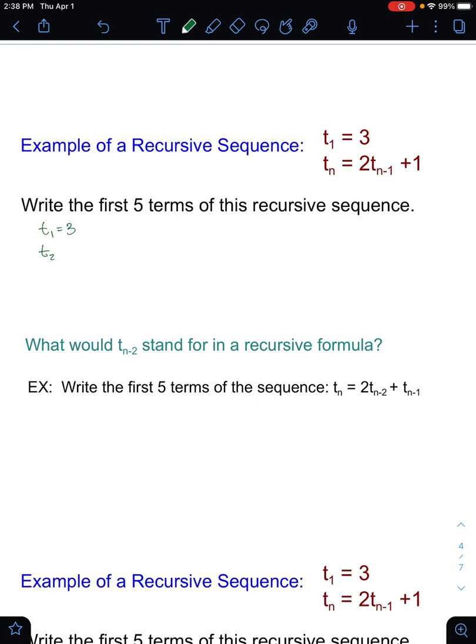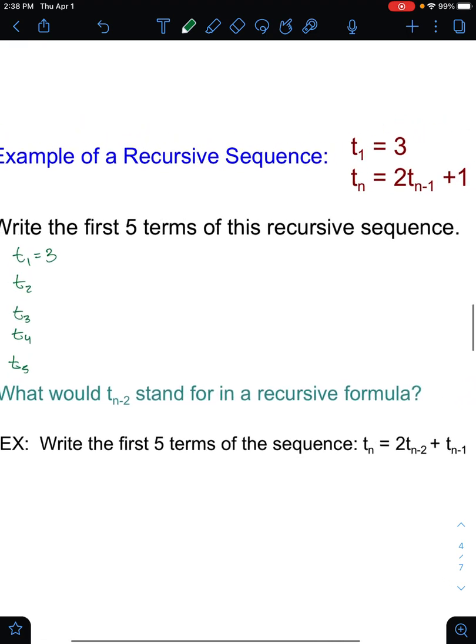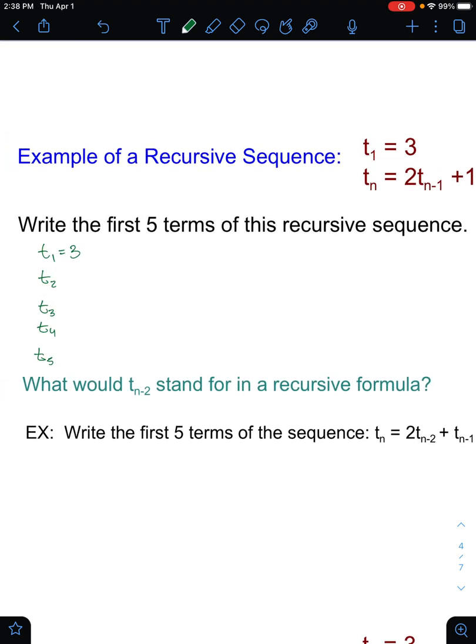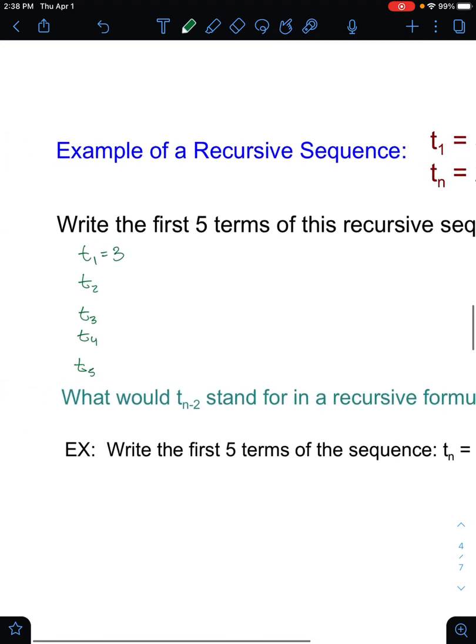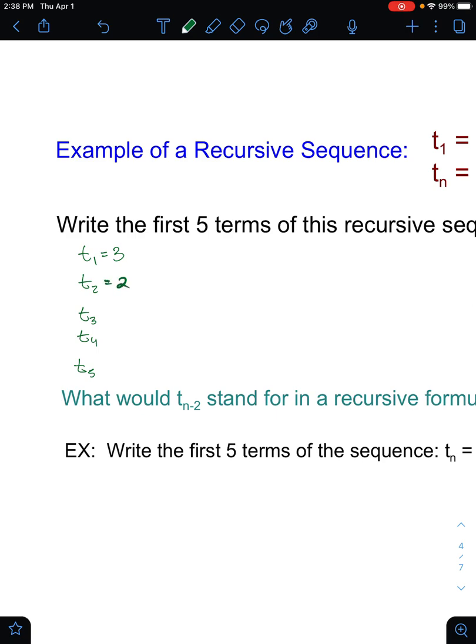I need to find t sub 2, t sub 3, t sub 4, and t sub 5. And the pattern is 2 times the prior term plus 1. It's going to be 2 times t sub 1 plus 1, or 2 times 3 plus 1. Well, that's 2 times 3 plus 1, which is 7.